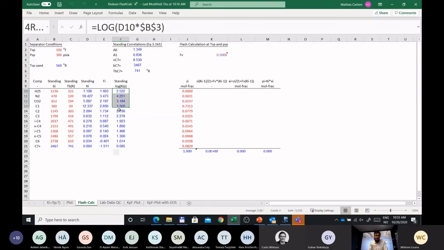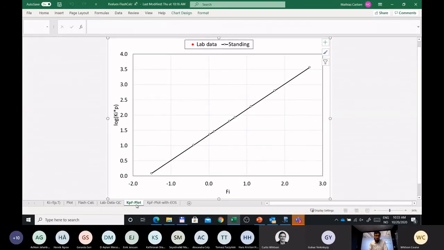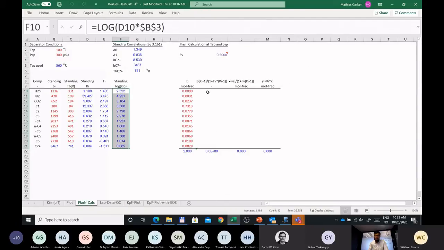Then we calculated the log of Ki times P and made this KPF plot, plotting the log of KiP versus Fi. That's a straight line with the slope and intercept coming from the Standing correlation. Now the next thing we are going to do is the flash calculation.